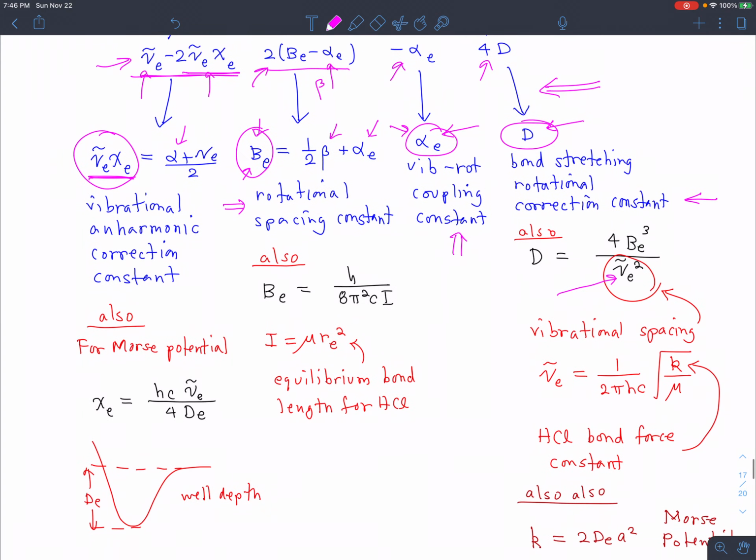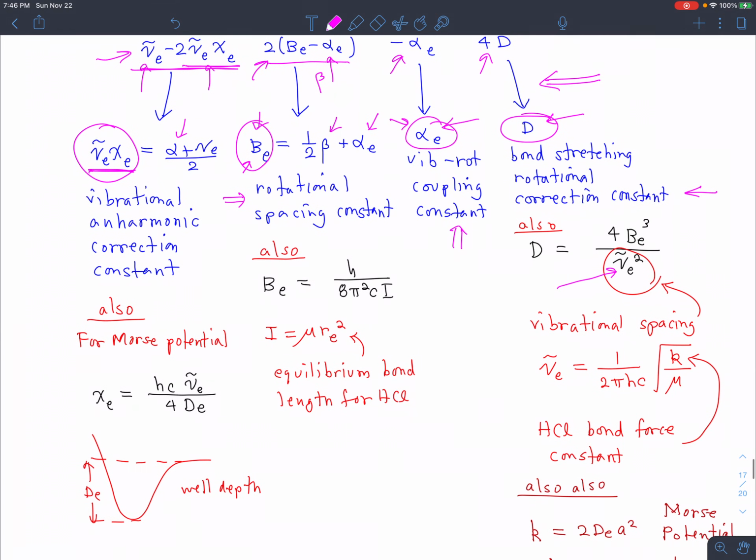What can you do with them? They're rather abstract parameters as they are, but for the Morse potential, this quantity d is related to b sub e, which you get from this guy, and nu sub e, which you want, right? That's the fundamental vibration frequency.